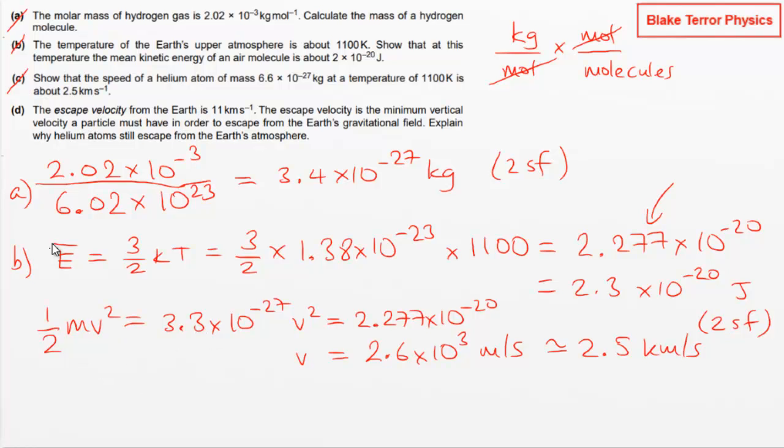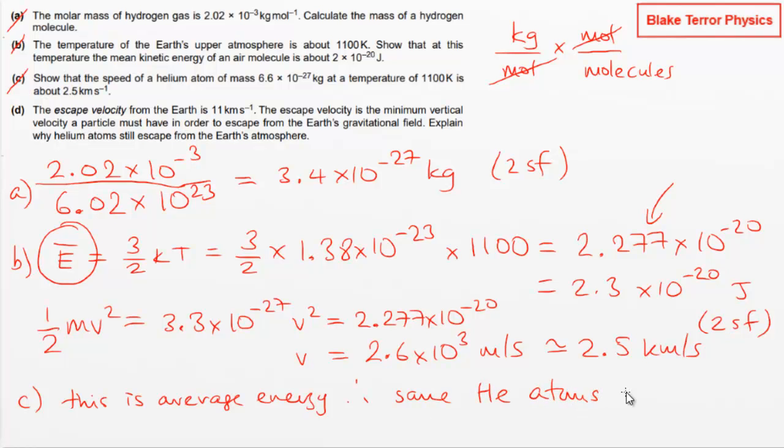So we've said here that this is average energy. Therefore some helium atoms will have energy greater than this, or even much greater than this, and therefore will have velocity much greater than 2.5 kilometers per second.